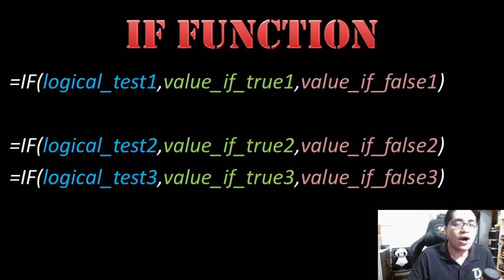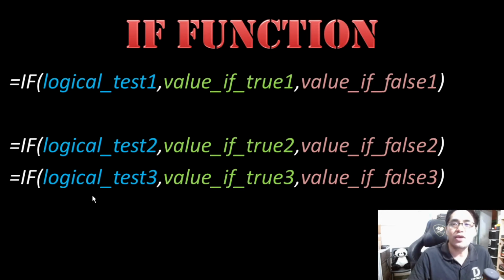Now, what we want to do is, when Microsoft Excel tests the first logical test, if this is true, we want the second logical test to be evaluated. If the first logical test is false, then we want the third logical test to be evaluated. If you've been following our discussion so far, you should have an idea of how this is supposed to work.